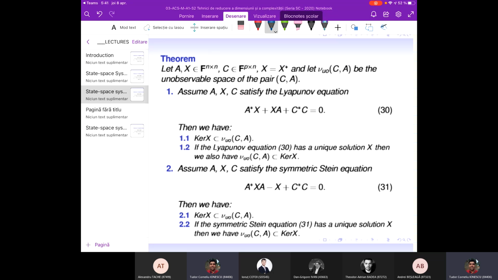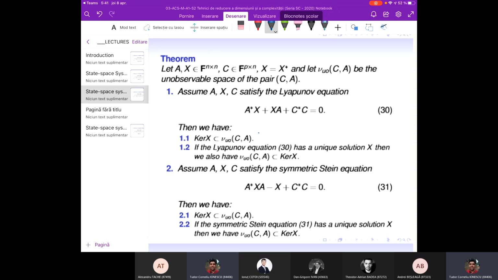That means that if the unobservable space is only the element 0, then the kernel of X is only the element 0. So if the pair C, A is observable, the kernel of X is 0, which means that the rank of X is full.